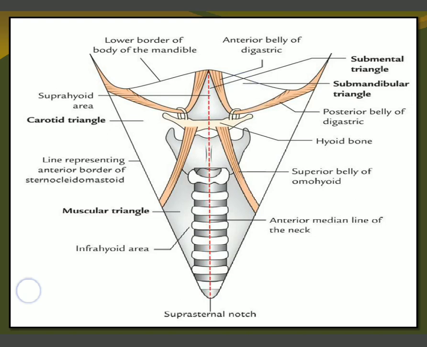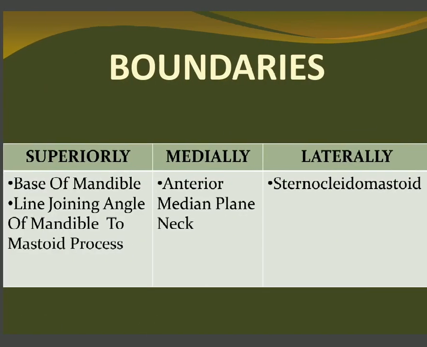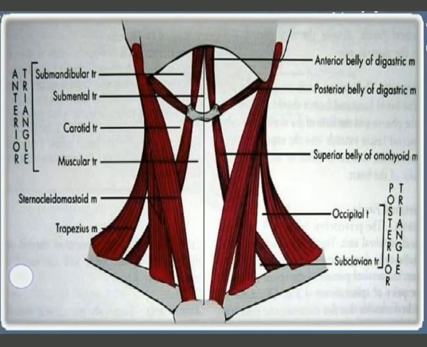So we will discuss in detail, one by one, the different triangles that form part of the anterior triangle of the neck. This is also a very beautiful diagrammatic presentation of the different boundaries of the anterior triangle as well as the subdivisions.